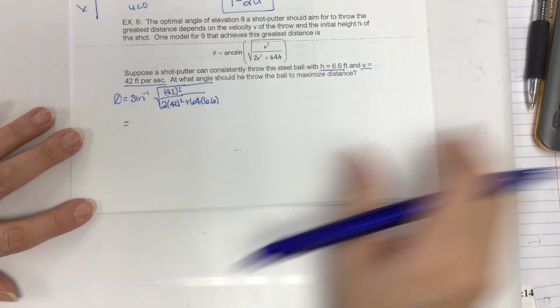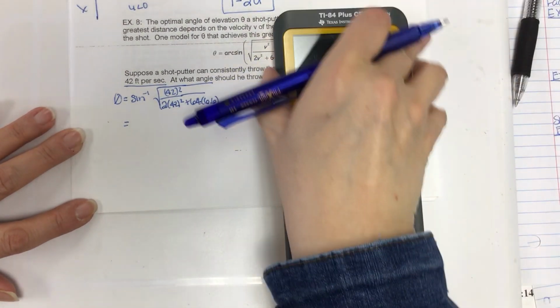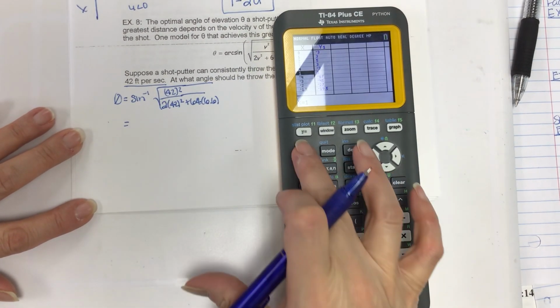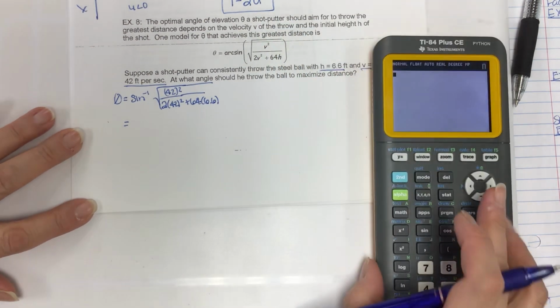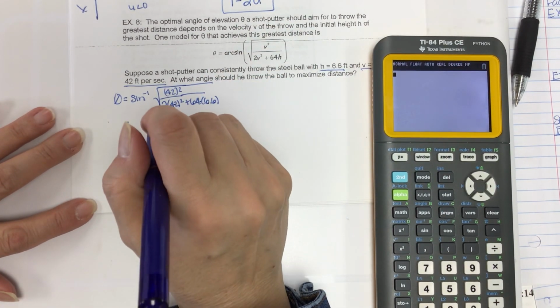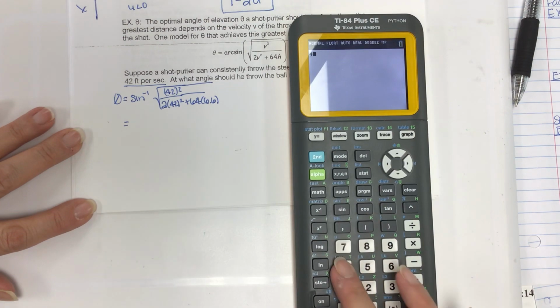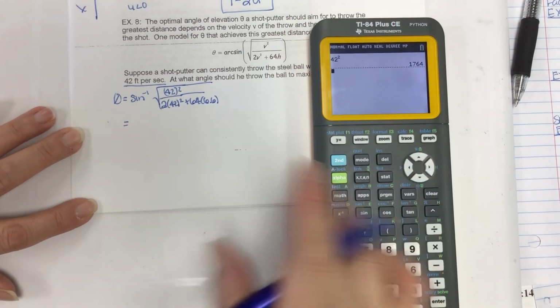We could probably plug that directly into our calculator just like that, or you could go ahead and do 42 squared.